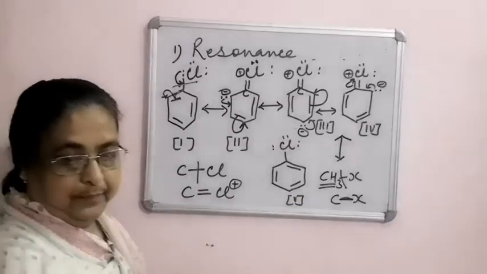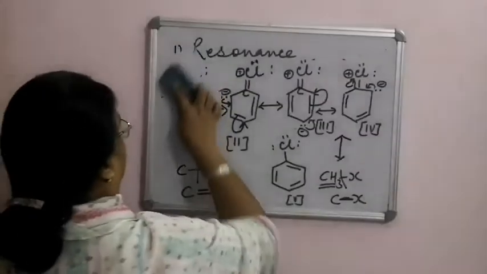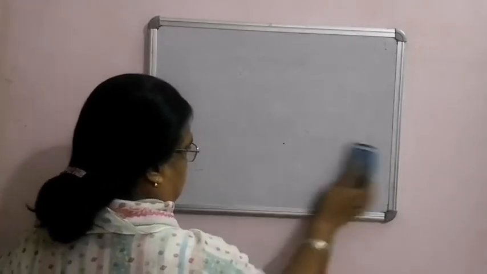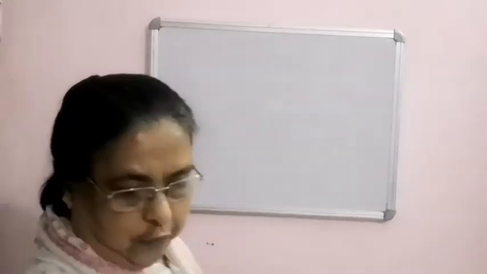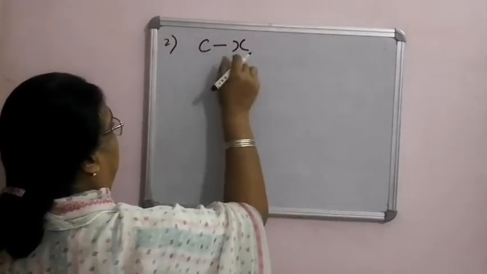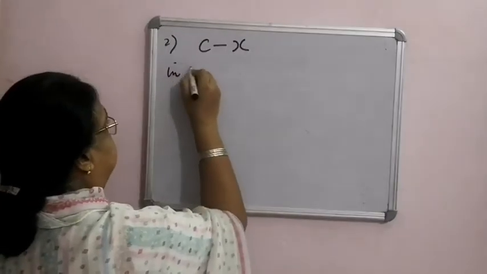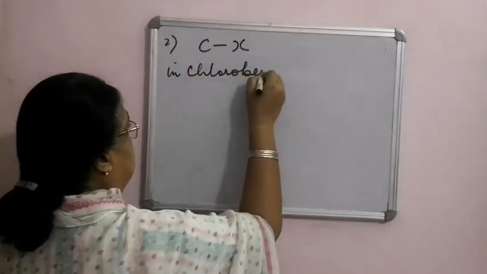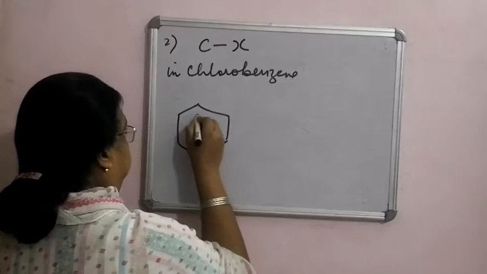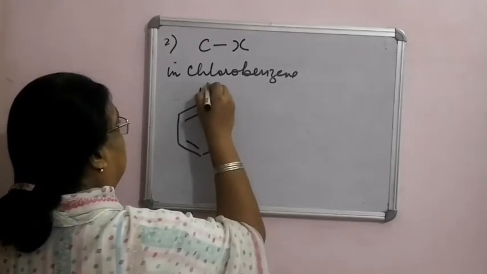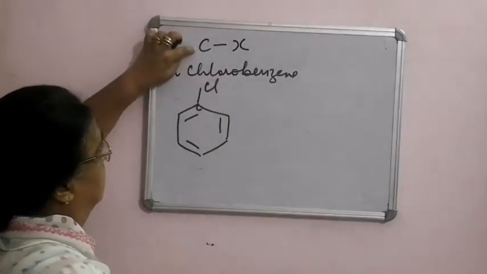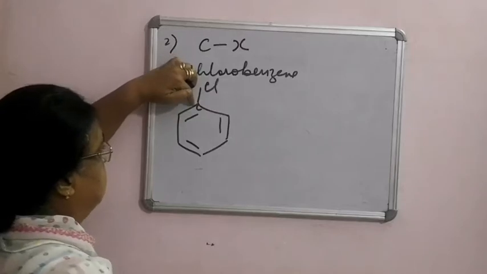So this is one reason. The second reason why chlorobenzene or haloarenes are not so reactive towards nucleophilic substitution reaction is the carbon-halogen bond in chlorobenzene. If you see, this is the carbon-chlorine bond. The carbon of this carbon-chlorine bond is sp2 hybridized.